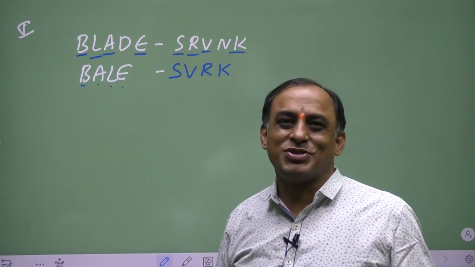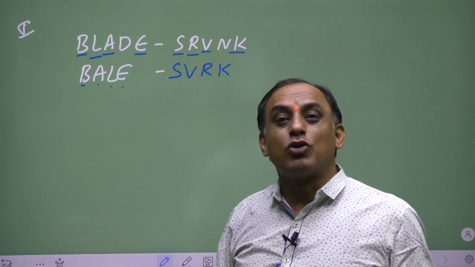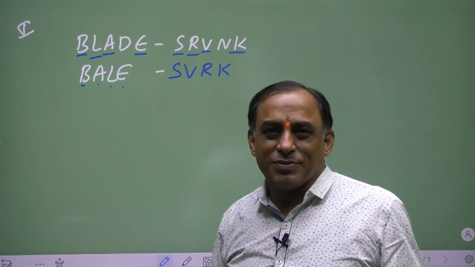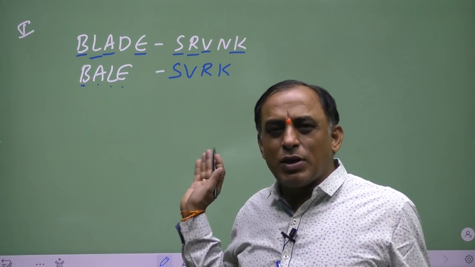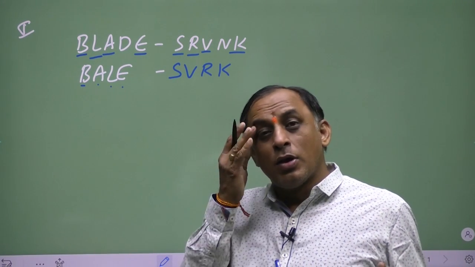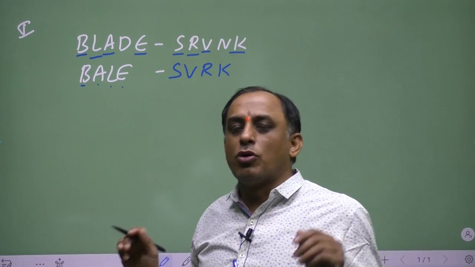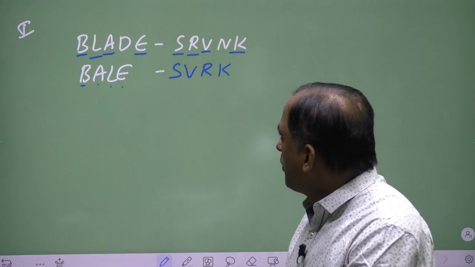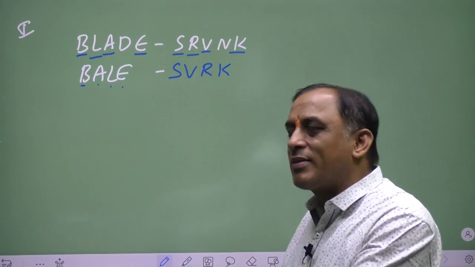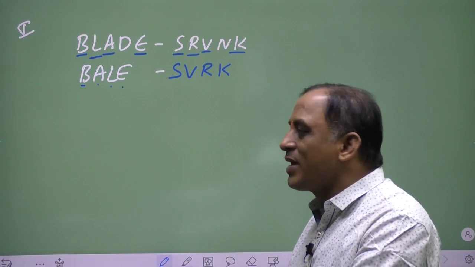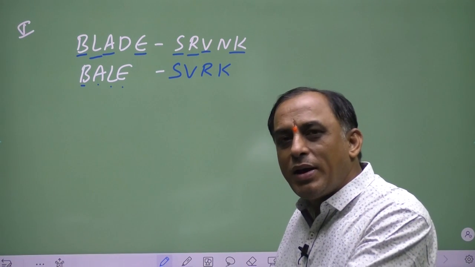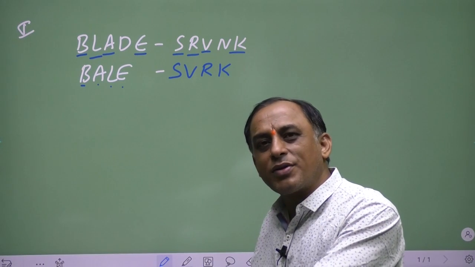But it is a 2 marks question. How to get 2 marks? Write the explanation. Here only 2 lines. How to write the explanation? Blade is coded as SRVNK. Bail. In bail, 4 letters are there.